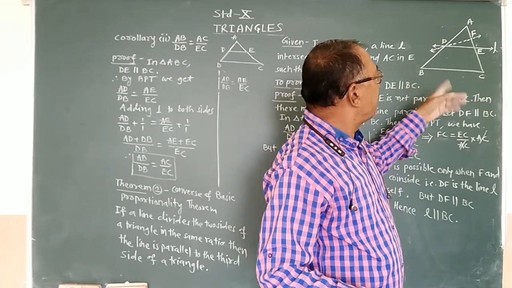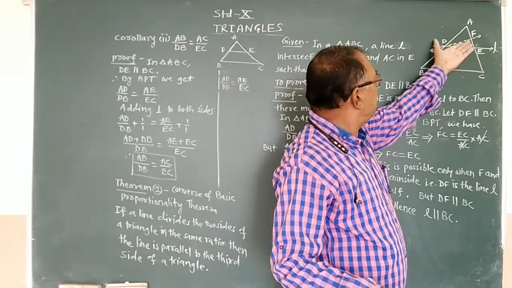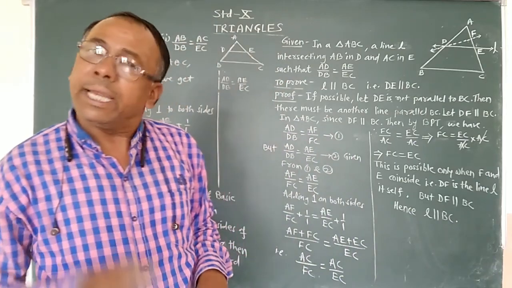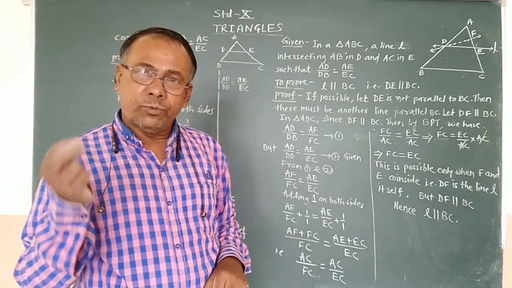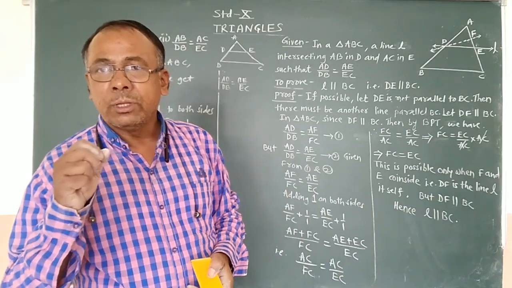And let us suppose line DF is parallel to BC. Though it is not seen parallel, we have assumed that DF is parallel to BC.